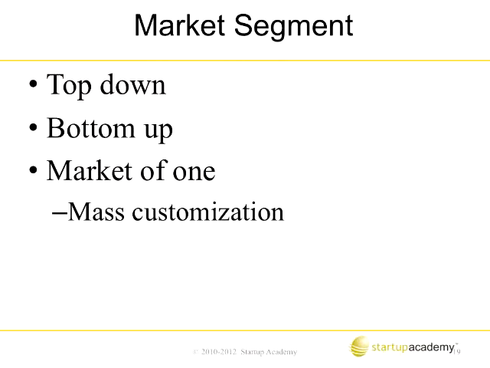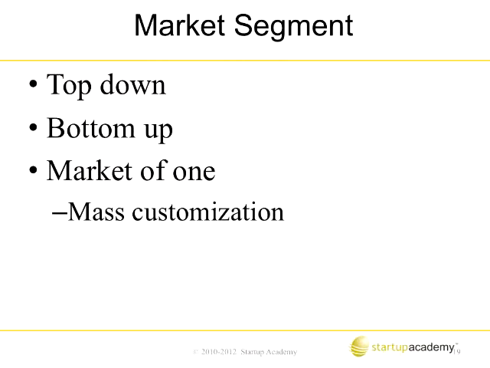This idea of a market of one, as I said before: if we can identify individual customers and craft a product or service for an individual, how good could that product and service be? That could be really, really good. The challenge of a market of one is that your production costs are probably going to go way up as opposed to a mass-produced product.